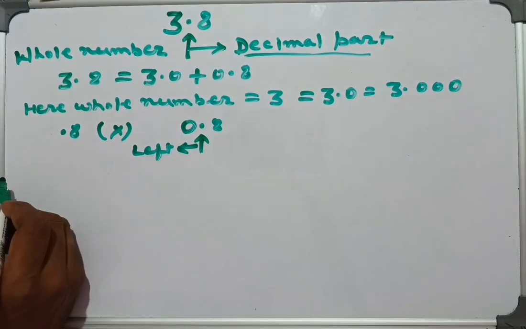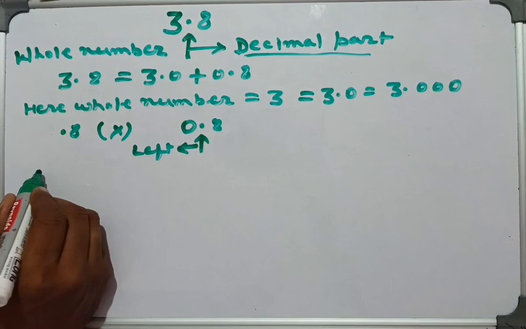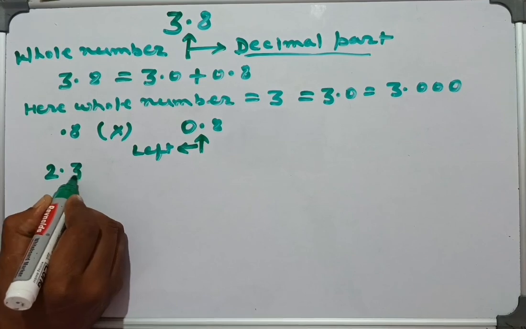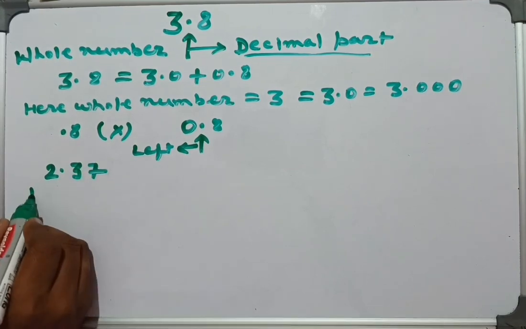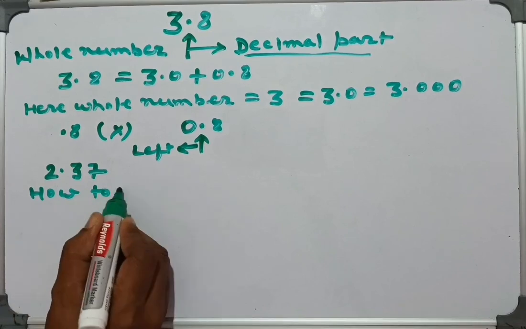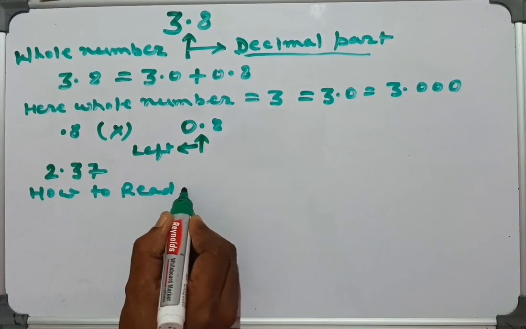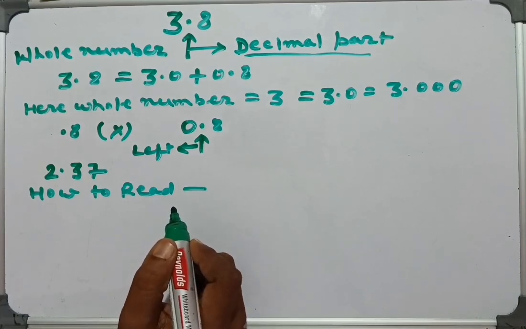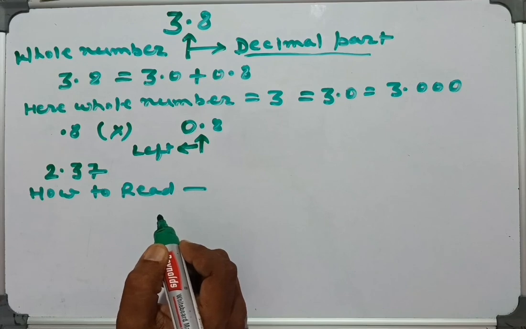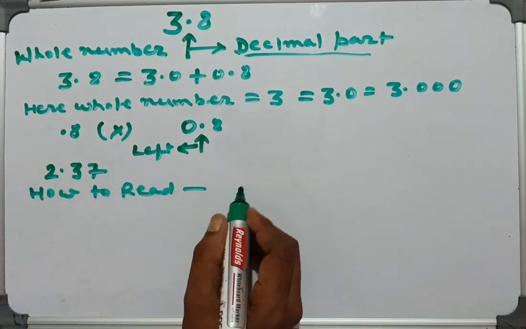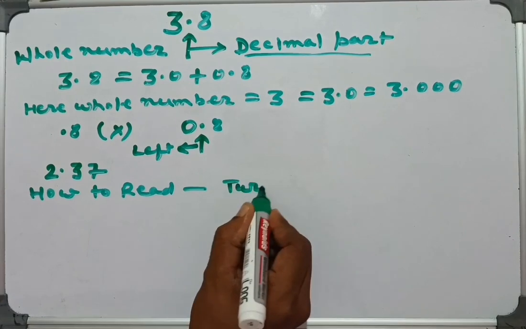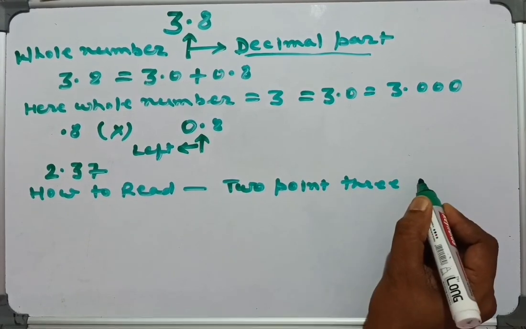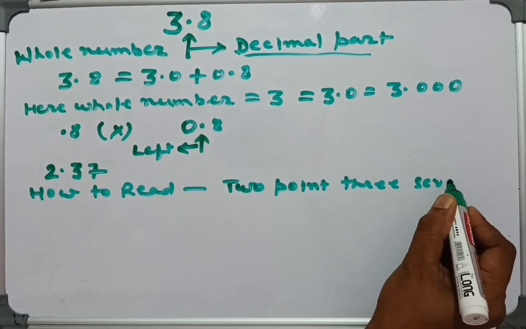Now see how we read a decimal number. Suppose we have taken this example, okay, so how to read, I am not talking here about how to write, we will see how to write later. Okay guys, see, so this one is 2.37.